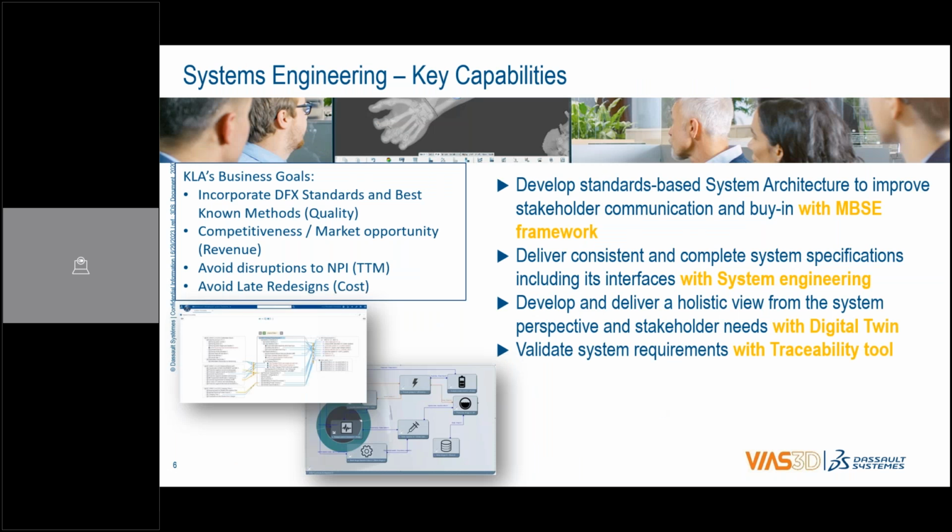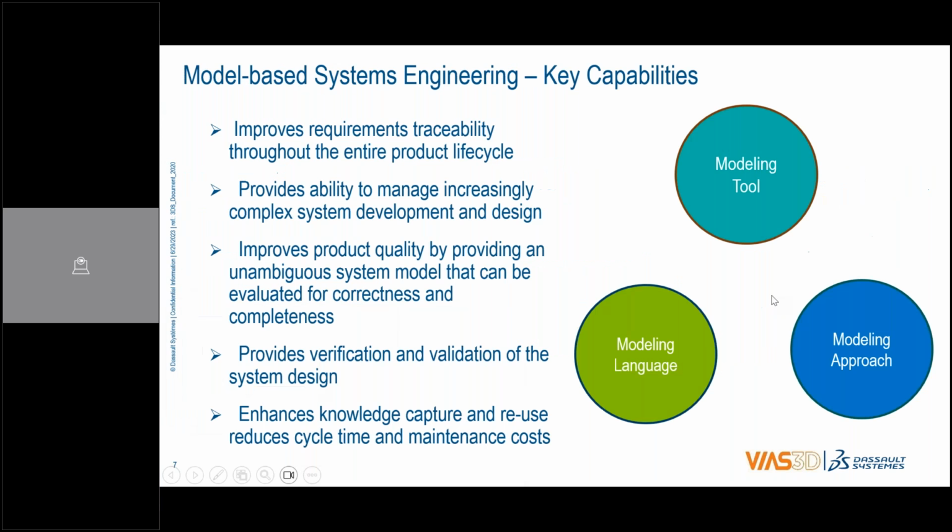Some key capabilities of systems engineering are to develop a standards-based system architecture to improve stakeholder communication, deliver consistent and complete specs, including interfaces, develop and deliver a holistic view from the system perspective, and validate system requirements.